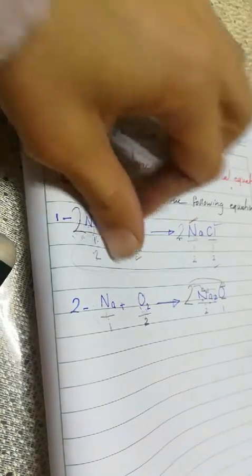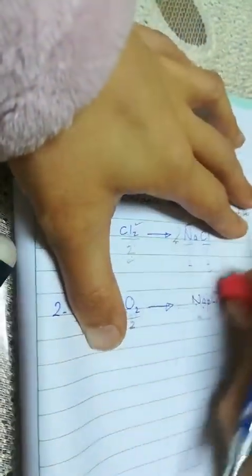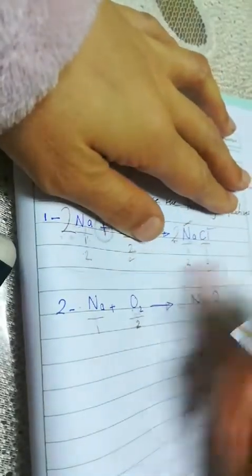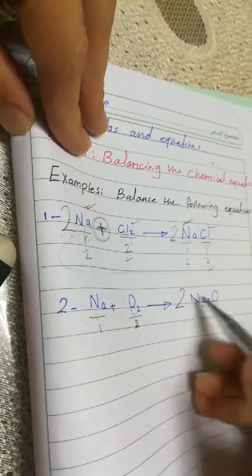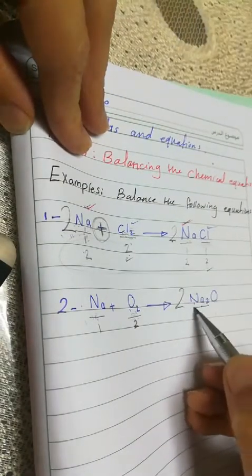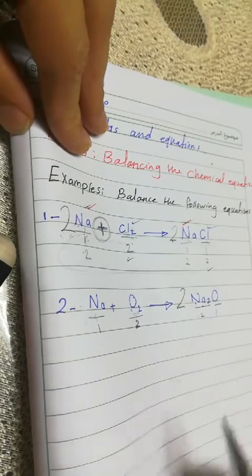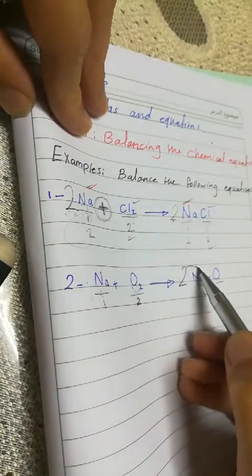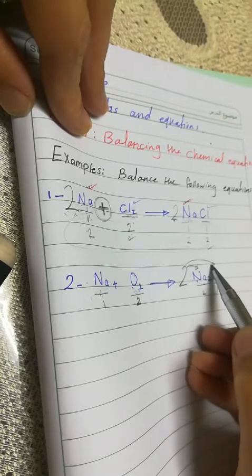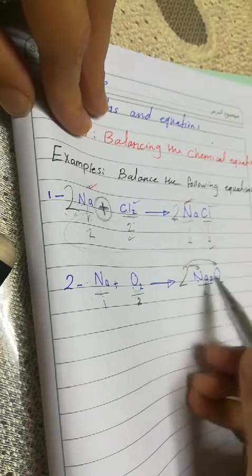Na and O. Again, let me just clean it and write it neatly. So, this is 2. And here we have 2 atoms, and here we have only 1. Again, distribute this 2 to both atoms.